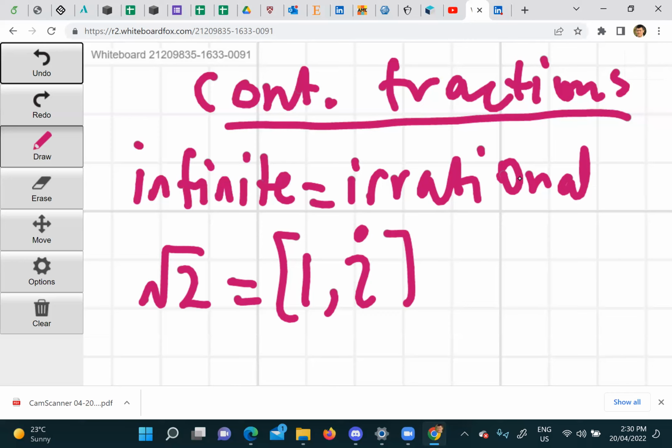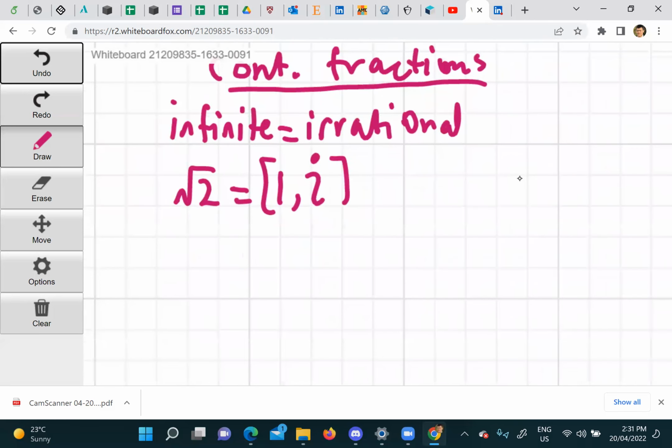Just like a plus b root c for rational a. Yeah, maybe that's another way to express it. Maybe we can do an example.